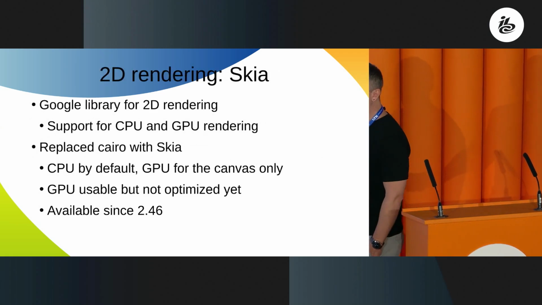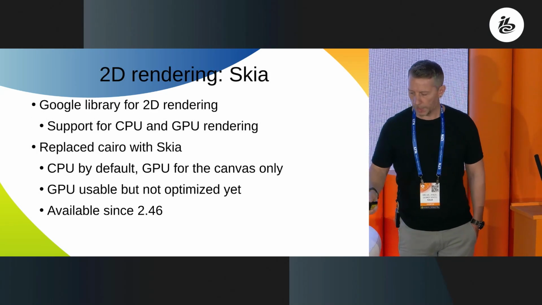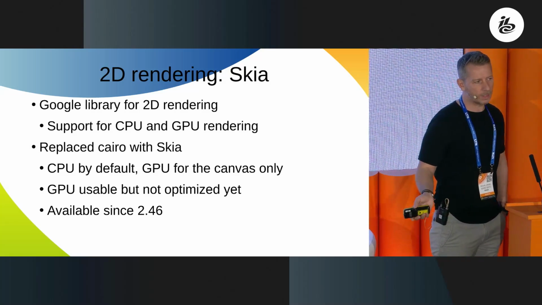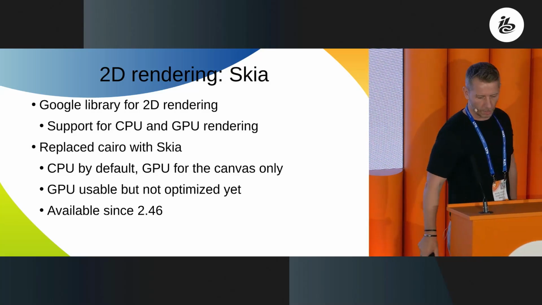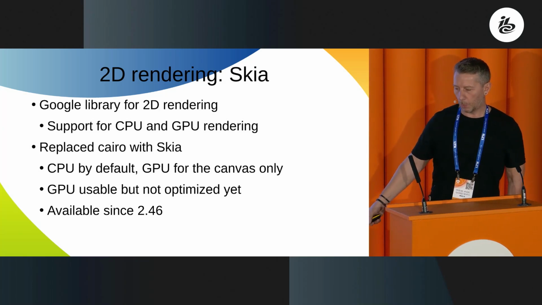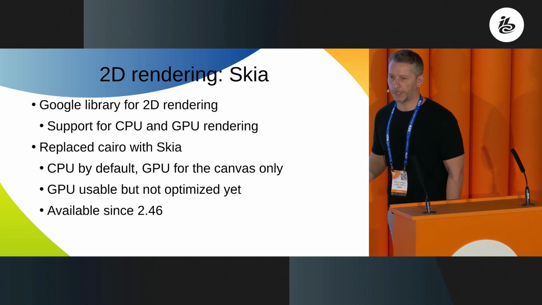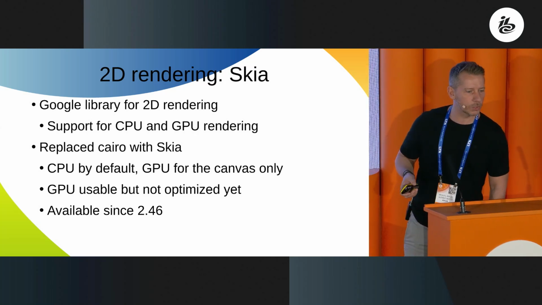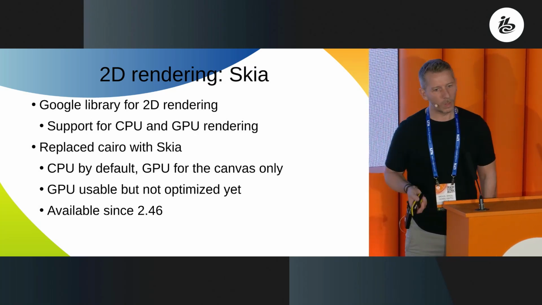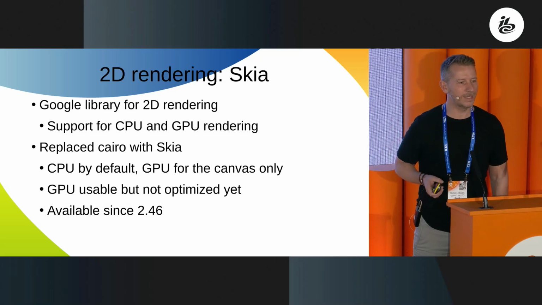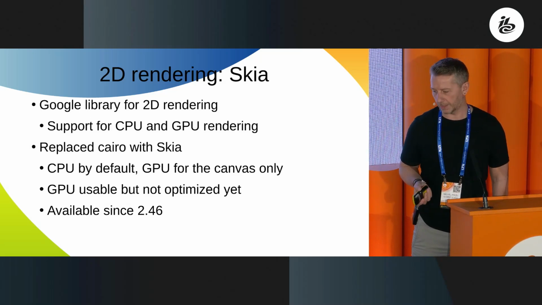Then what we have also been doing along this year is that we were doing our CPU rendering with Cairo. Cairo, while it's nice, a small library, very useful, didn't allow us to use the GPU, and on low-end devices, it's better in some cases to use the GPU for rendering than the CPU.